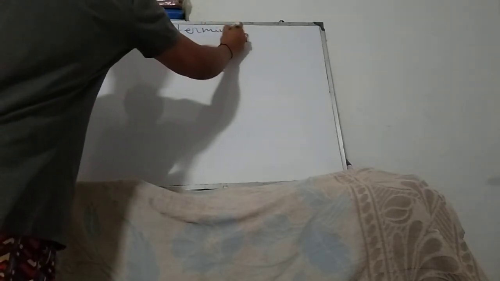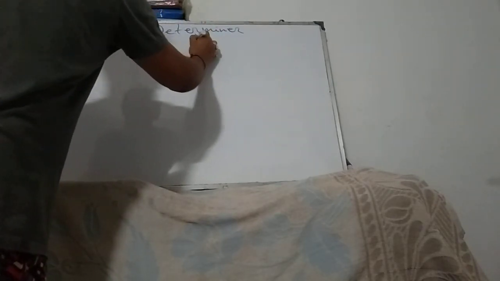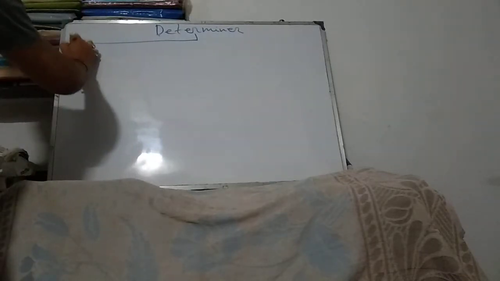And in your book, determiners are classified into 6 categories.